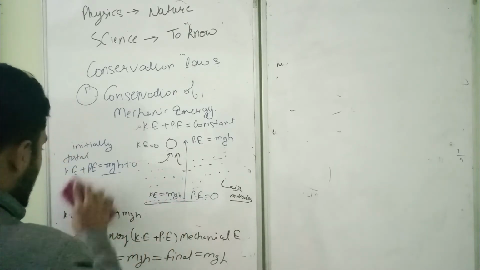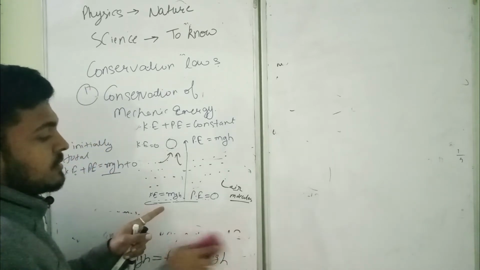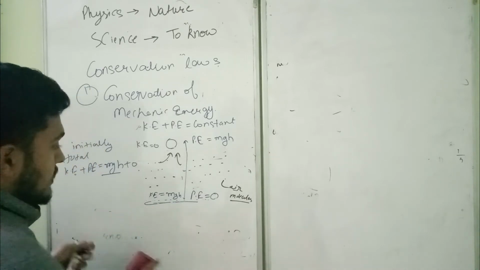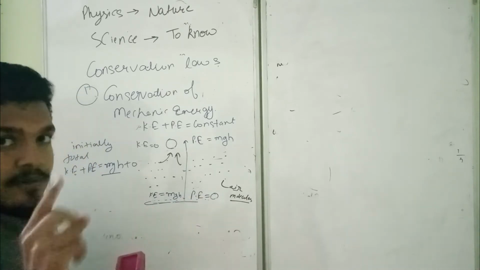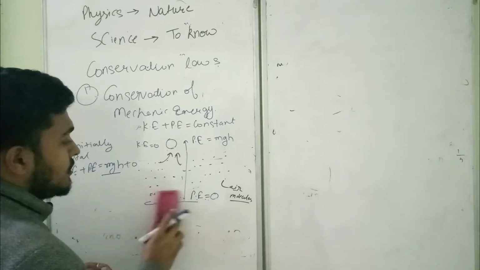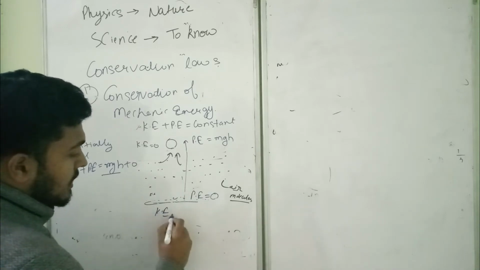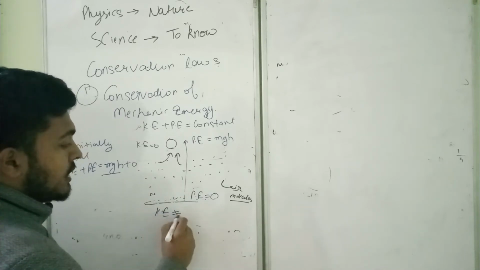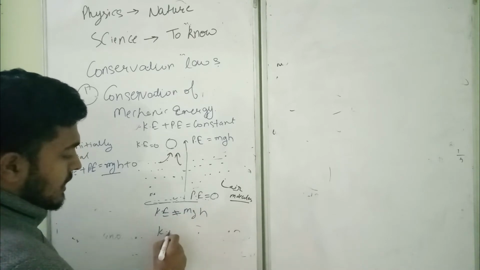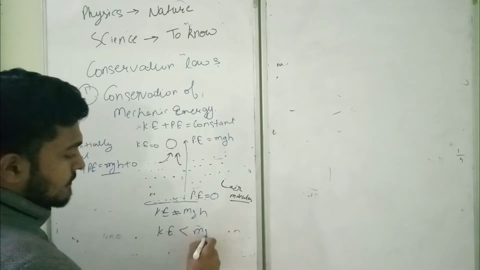Therefore we can say just before striking the ground, the potential energy is 0, but the kinetic energy is not equal to mgh; the kinetic energy will always be less than mgh.